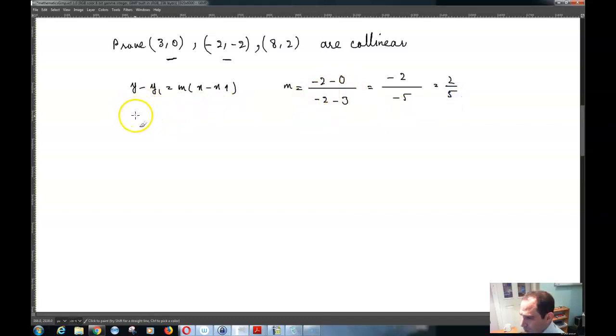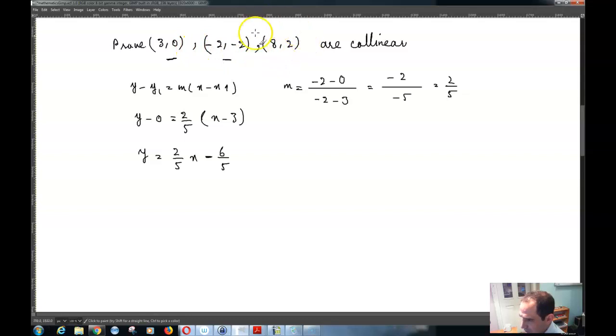And so you could write y minus 0 is equal to 2/5 times x minus 3. And then you could write y is equal to 2/5 x minus 6/5. So this is the equation of the line passing through these 2 points.